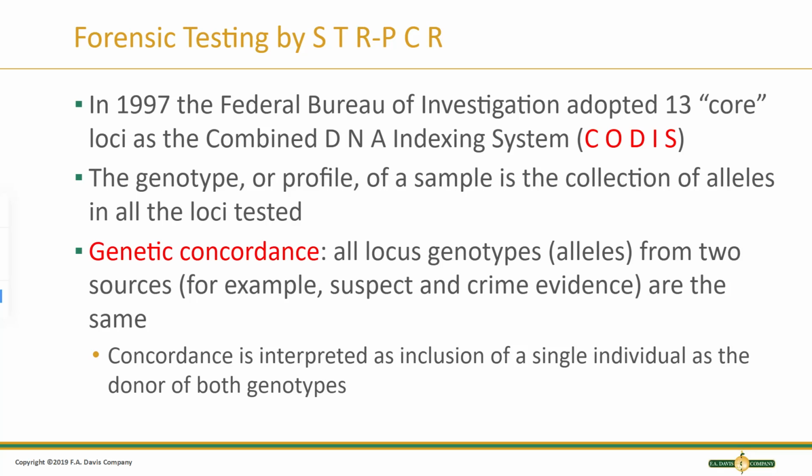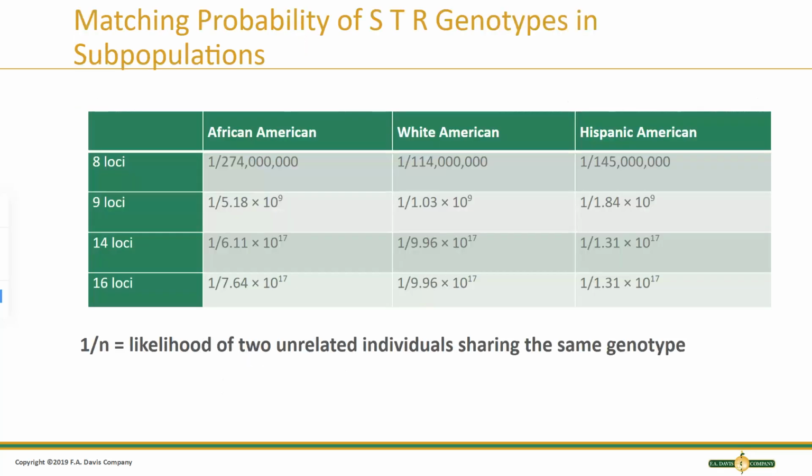Concordance is interpreted as inclusion of a single individual as the donor of both genotypes. For matching probability of STR genotypes in subpopulations, you can see the more loci you use, the stronger the likelihood that there's going to be a match.